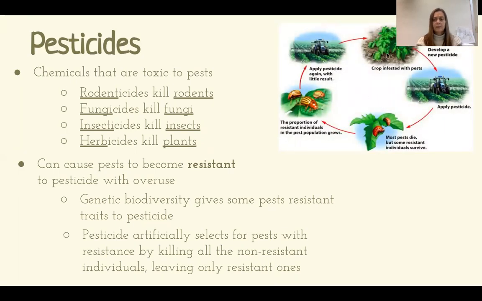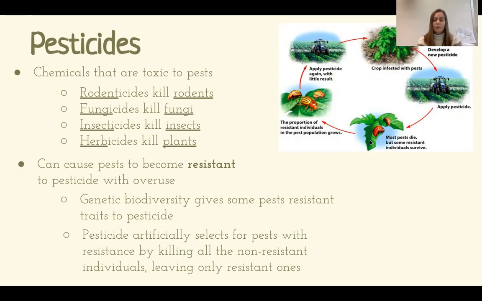So we get this thing we call the pesticide treadmill. So we start with a crop and it has pests on it. So we develop a pesticide and we apply that pesticide, and most of the pests are going to die, but some of those resistant individuals are going to survive. And because those resistant individuals are the ones that survive, they're the ones that reproduce, and their offspring are likely to have that same resistant trait.